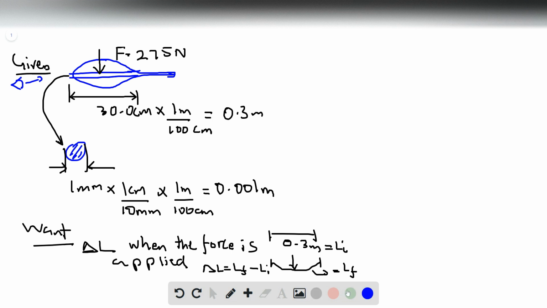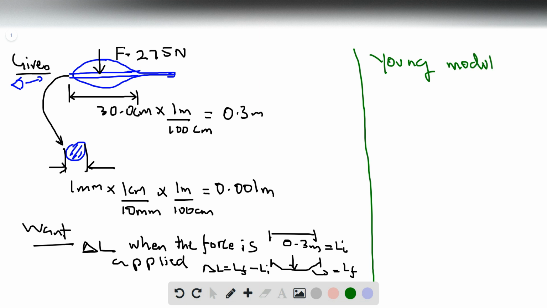The main concept that we're going to use is Young's modulus of elasticity.